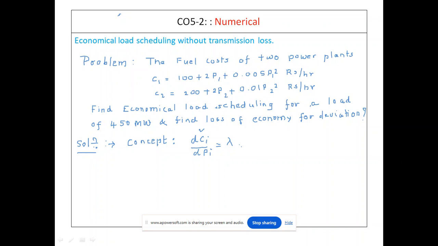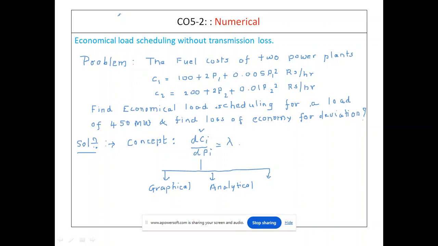This coordinate equation we can solve by various methods. One is the graphical method, which I will not explain in this problem. The other is the analytical method, which is preferred when the cost function is quadratic.